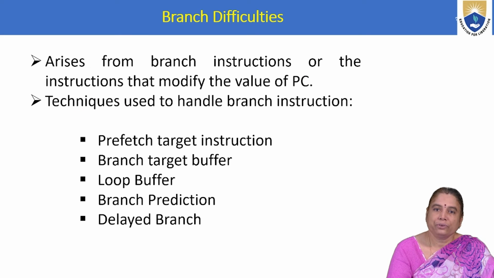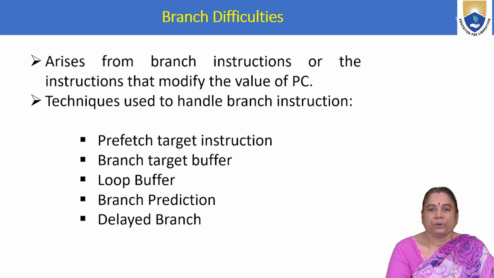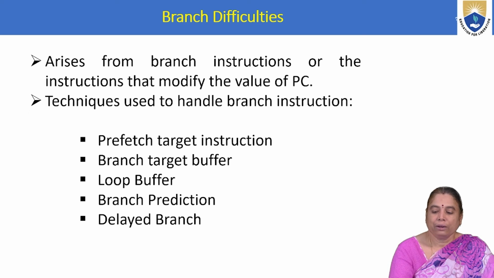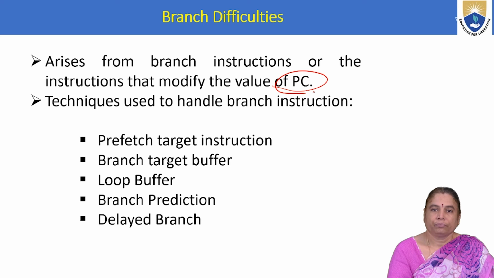Next is branch difficulties. These difficulties arise from branch instructions or instructions that modify the value of the PC. During jump instructions and call instructions, the value of the PC can be modified, so these difficulties arise in the overlapped execution.